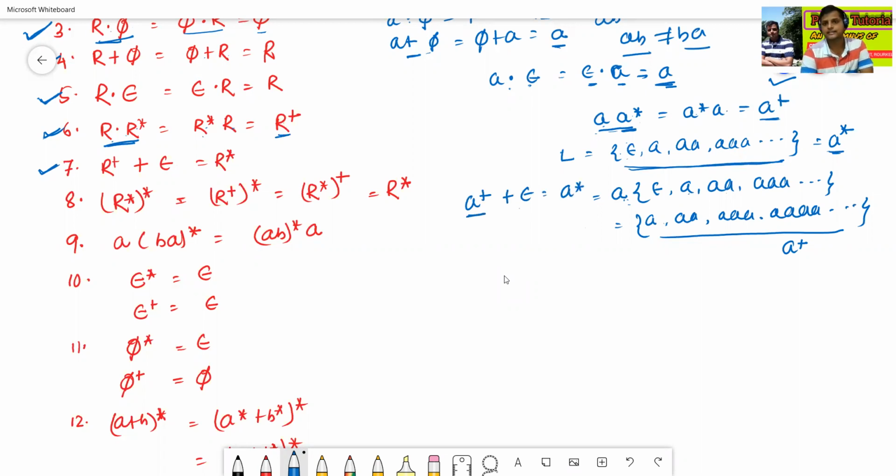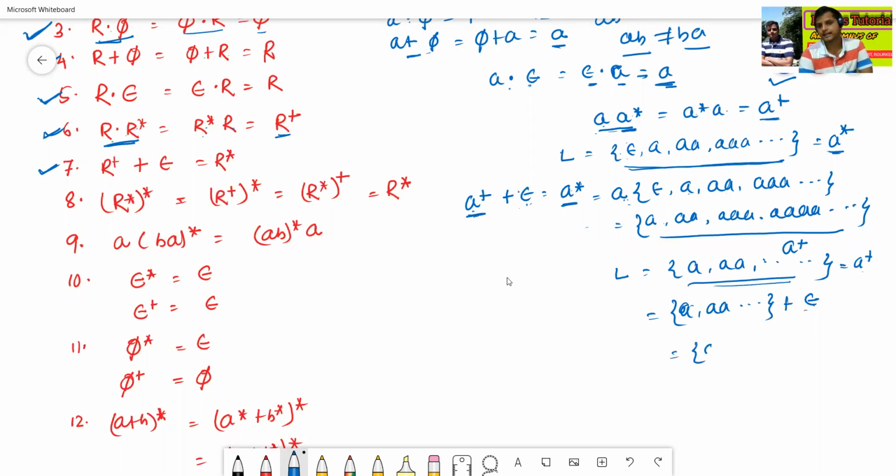A plus is the language a, double a, and so on. When we add epsilon to a plus, we get epsilon, single a, double a, triple a, like this. So it is nothing but a star.